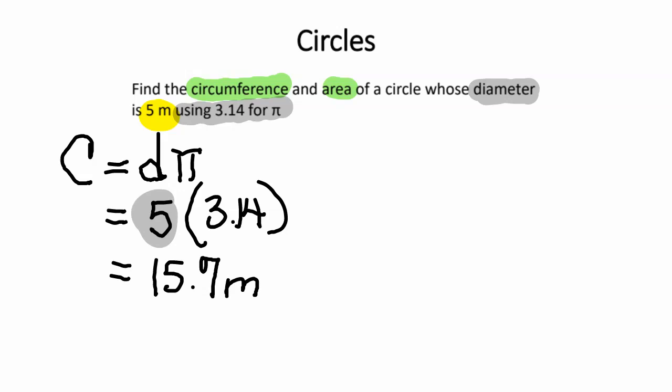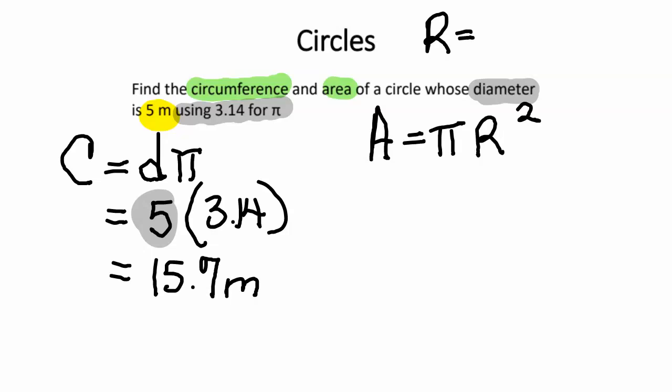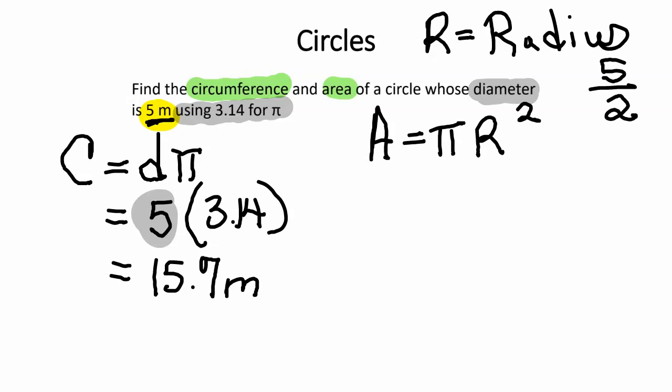Now, area. Okay, this is a totally different ball game. Area is equal to pi r squared. R is radius. And that means this 5 has to be divided by 2.